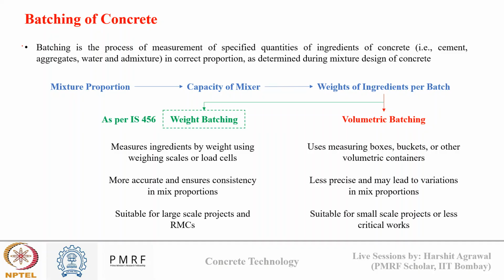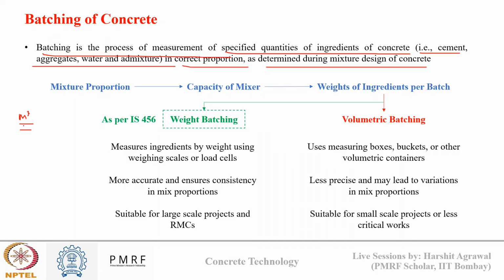Okay, so batching is the process of measuring the specific quantities of ingredients of concrete like cement, aggregate, water, and admixture in correct proportion as determined during the mixture design of concrete. Now, why do we require batching? Because from mixture proportion we get the quantity of material per meter cube of concrete.